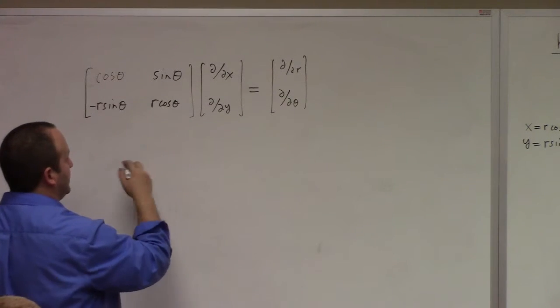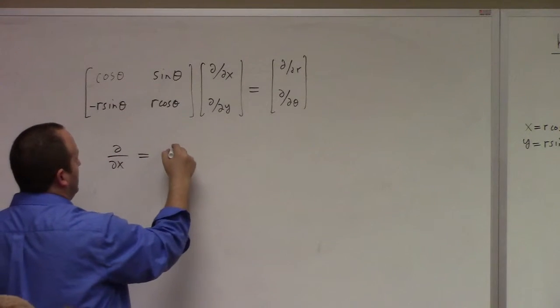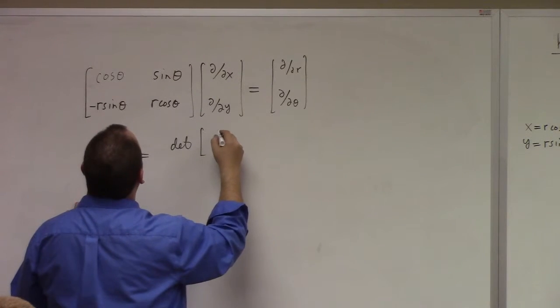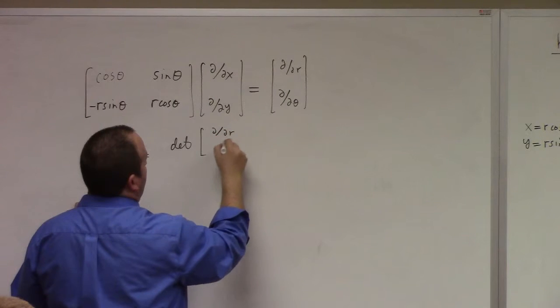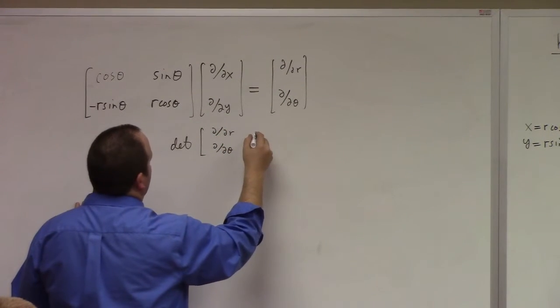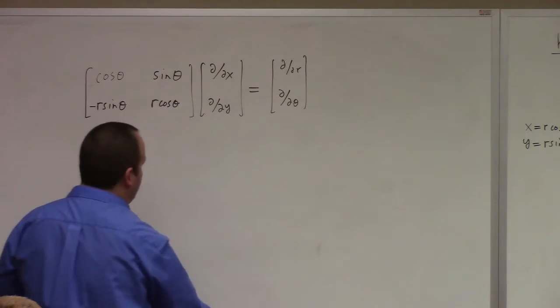Tell you what, I'll use Cramer's rule. Cramer's rule says that partial x should be equal to the determinant of partial r, partial theta. I don't want to use Cramer's rule. I take it back. I'm going to use multiplication by inverse. I can't make up my mind.